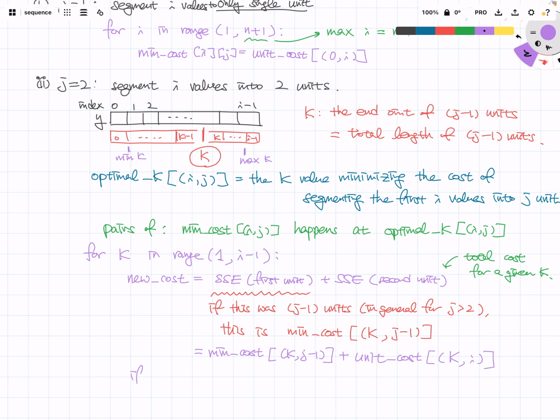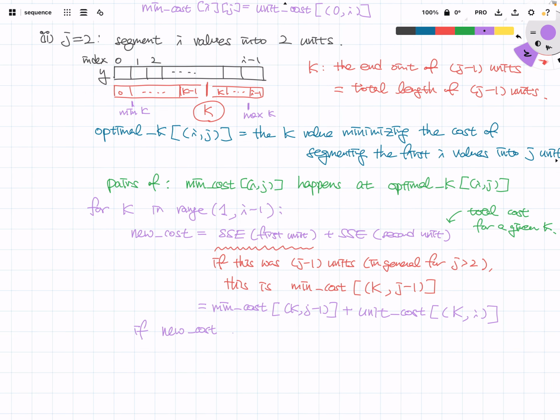And if the new cost is lower, we will repeat this for every k, so we can update the minimum cost, the total cost, which is i, j, right?